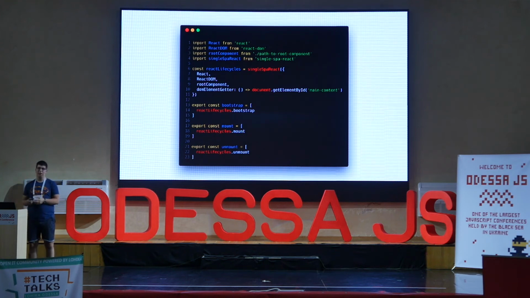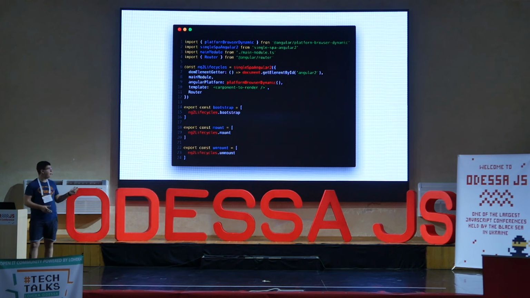So the function that will return a reference to the div where you want to render your app. And then you can simply export bootstrap, mount, and unmount. And that's it. So you will need to do this for every React app, but it's good that you can easily just take any React app that you already have, just take single SPA React, fill those 4 arguments, and that's it. You will be able to render your React app inside some bigger root app.